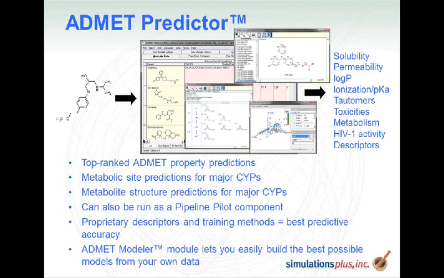ADMET Predictor comes in a package of various modules: physical, chemical, and biopharmaceutical properties such as pKa, logP, logD, polar surface area, solubility, etc. It also comes with a metabolism module, which will allow you to predict the likely sites of metabolic attack of human cytochrome P450. We also have a toxicity module in the ADMET Predictor, and Mike is going to be going into details with this product.